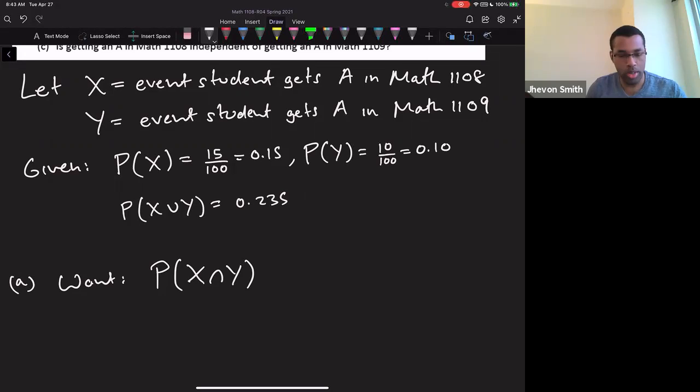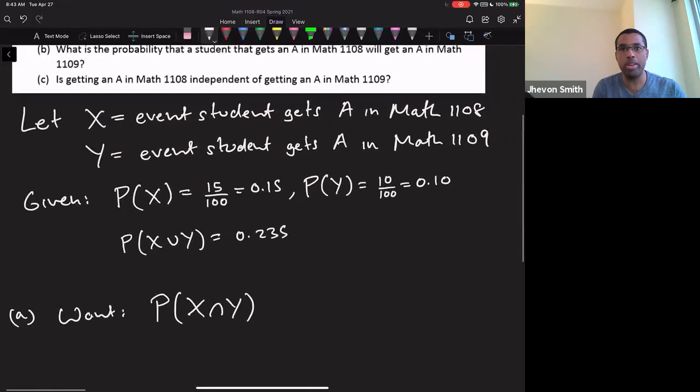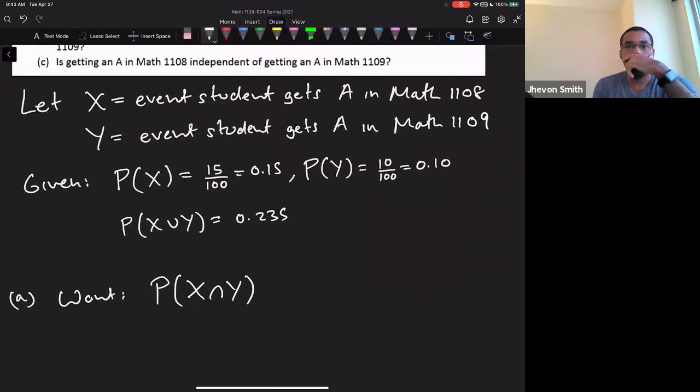Anyone? Bueller? Don't have to tell me the answer, just tell me how you would go about it. You know each individually and you know the or probability. How do you find the and probability?